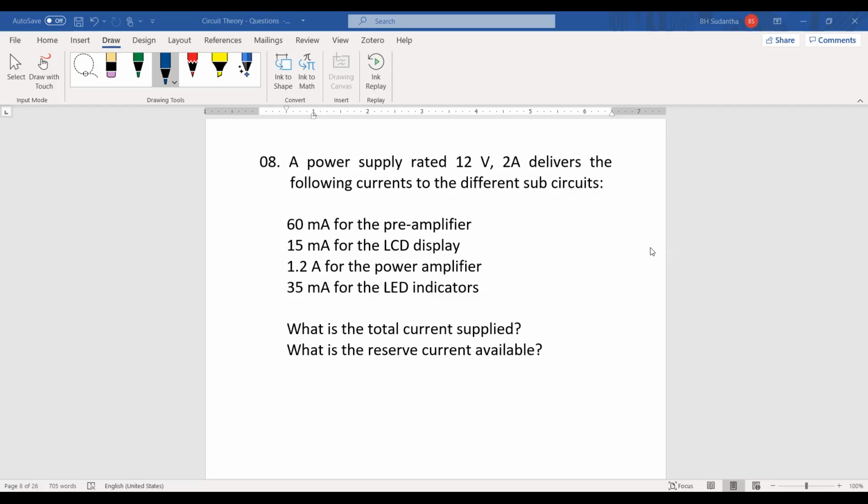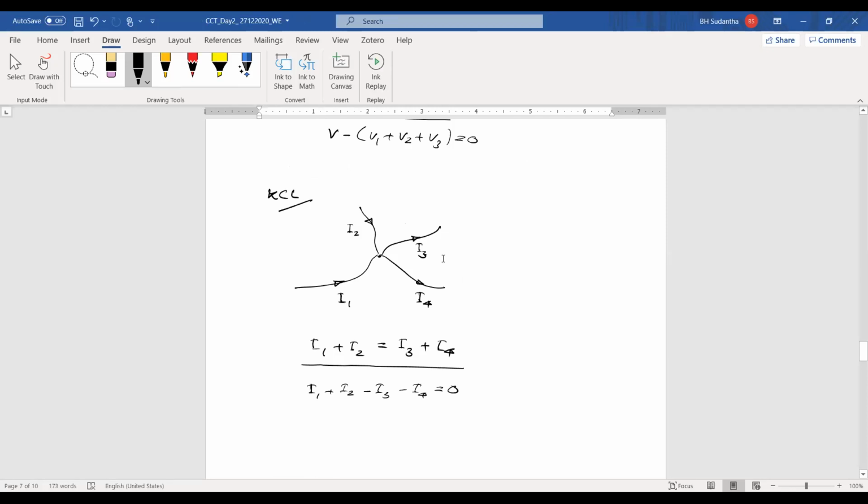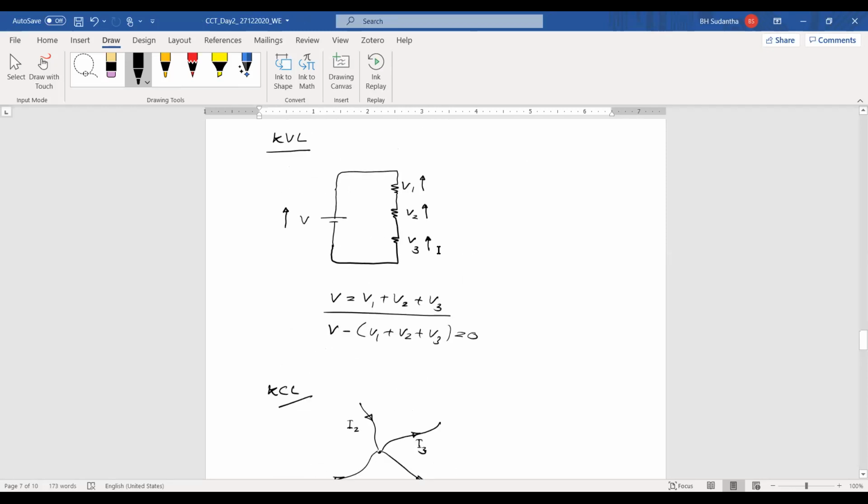I think I had muted my microphone when I explained this KCL and KVL, so it's better if I mention it again. This one, the Kirchhoff voltage law.